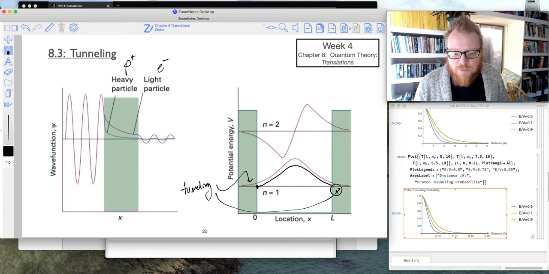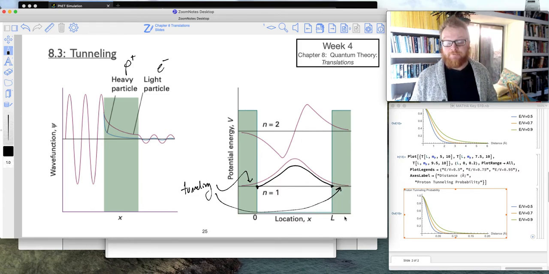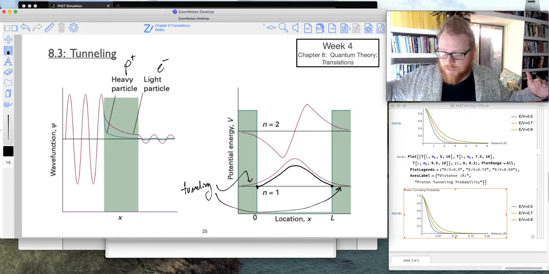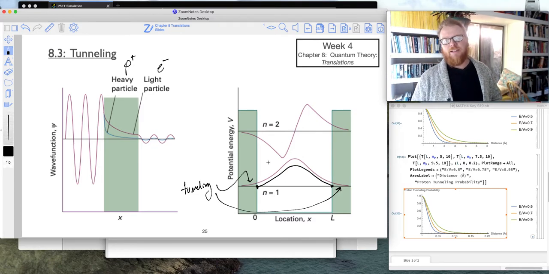So some small amount of tunneling is possible into the box barrier, okay? And then similarly, if we go up to the n equals 2 level, we still see features that we saw similarly to the particle in a box. However, more tunneling into that barrier.